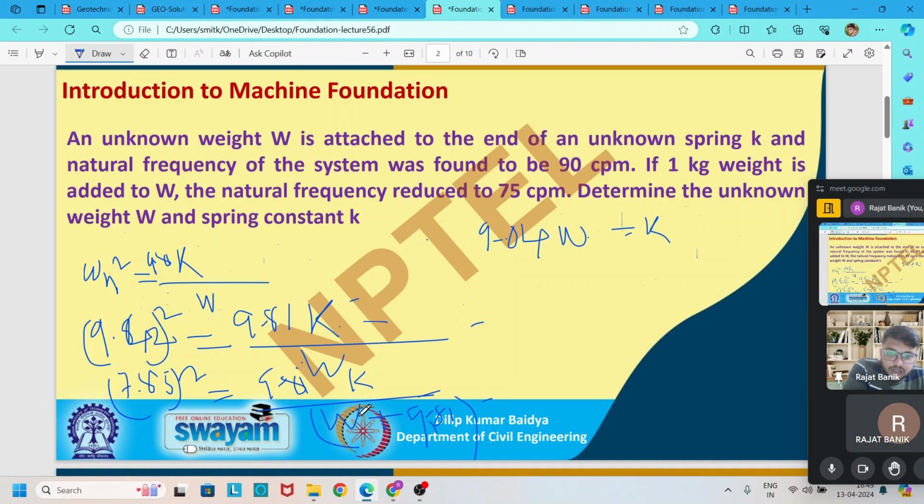Then if you put this in the second equation, equation 2, 7.85 whole square is equal to 9.81 into 9.04 w divided by w plus 9.81. So solve it and get w.